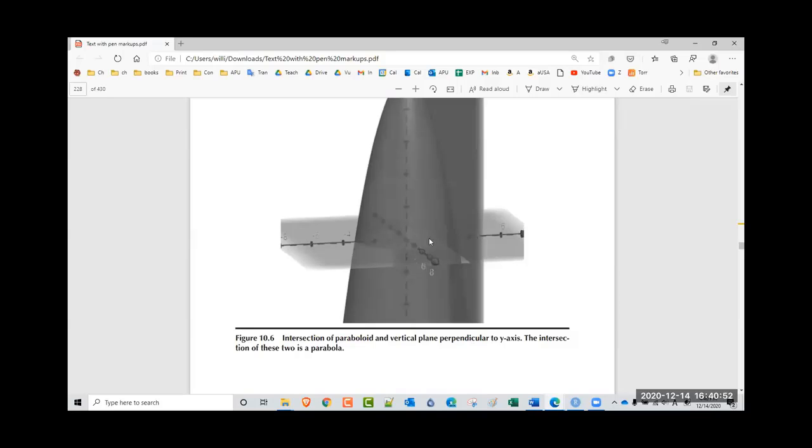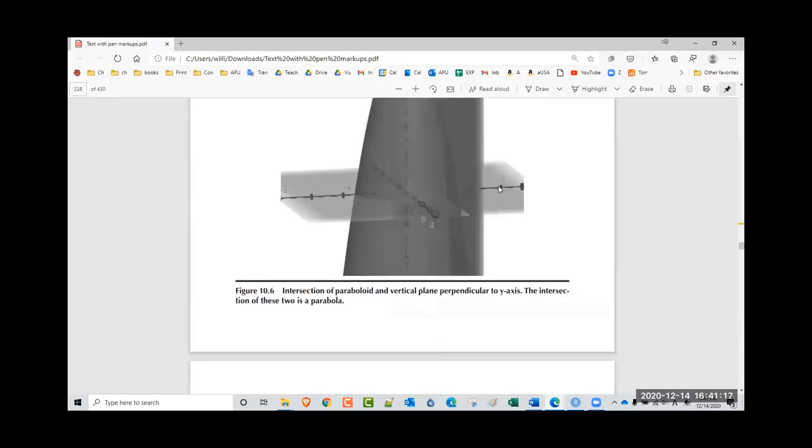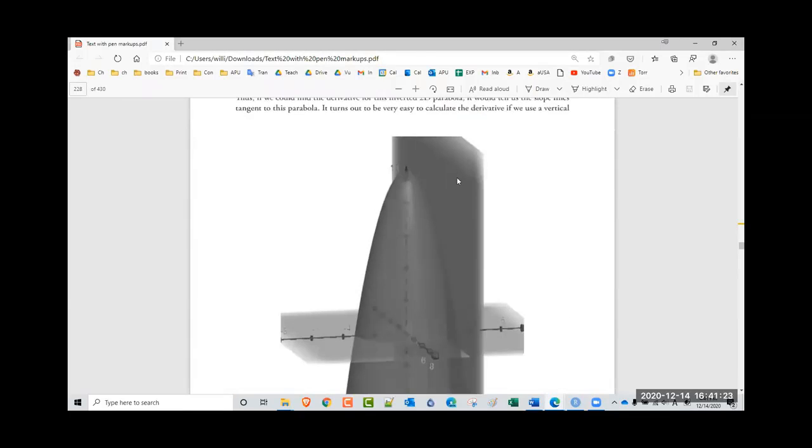So this must be the y-axis, and this plane is perpendicular to it. That means we're saying y is equal to something. What's the equation of this plane?